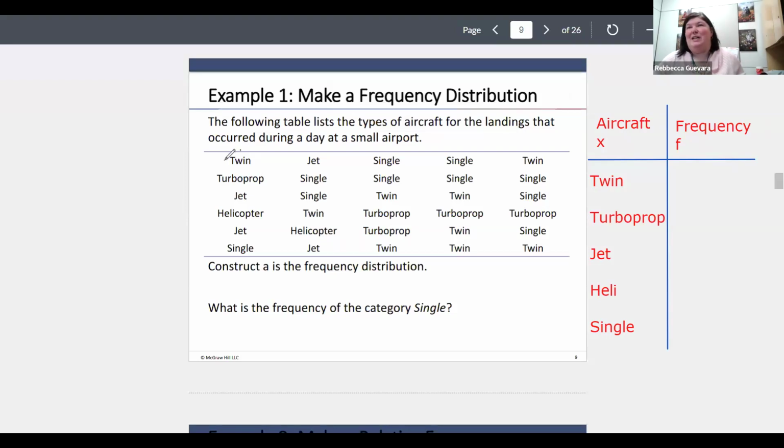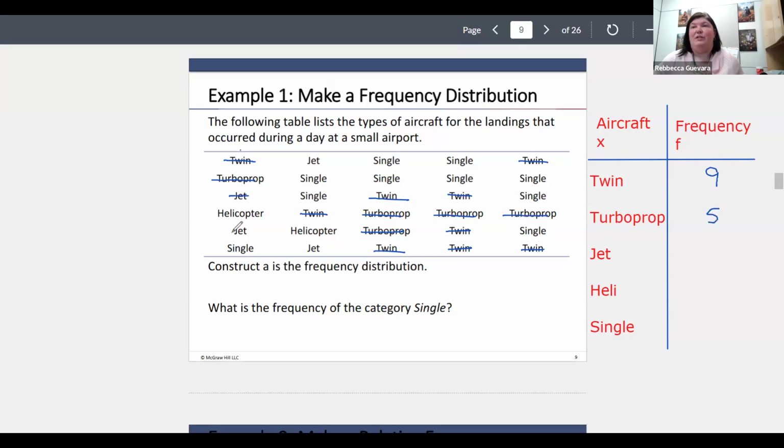So if I count my twins, I have 1, 2, 3, 4, 5, 6, 7, 8, 9. Looks like I have 9 twin engines. If I count the turboprop, we have 1, 2, 3, 4, 5.